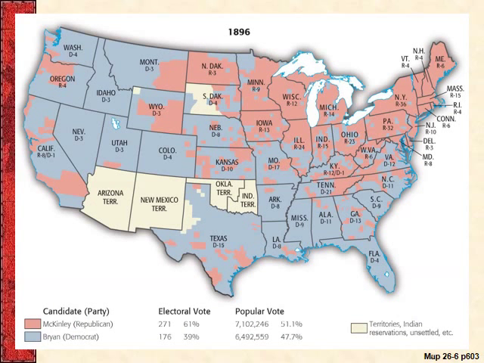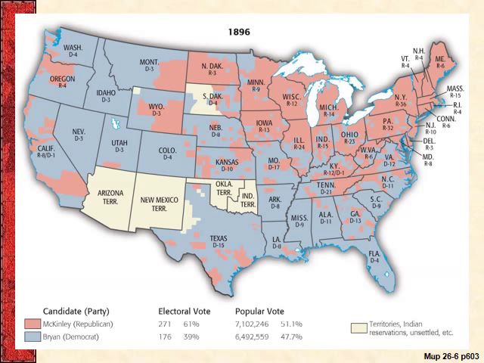You can see here's a map of the election of 1896 and how popular McKinley was in the industrial area, right? I mean, this is big industry in America during this time period. And you can see from a geographic standpoint, Bryan clearly wins, but he's winning in territories and areas where not a whole lot of people are living.